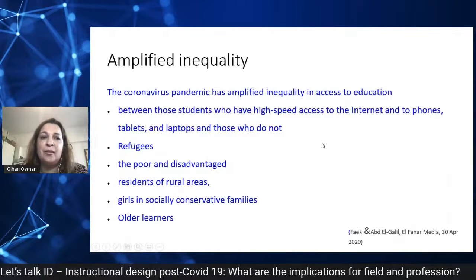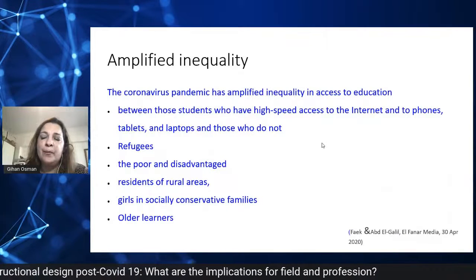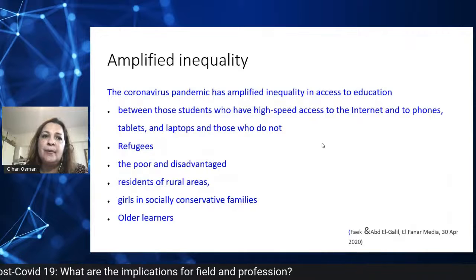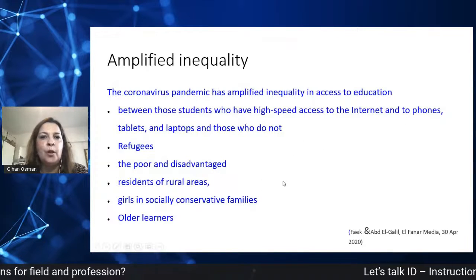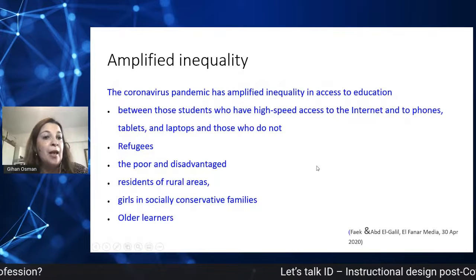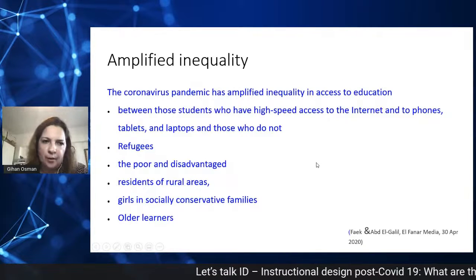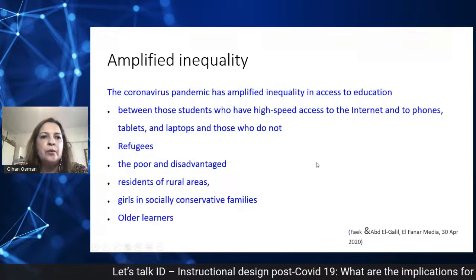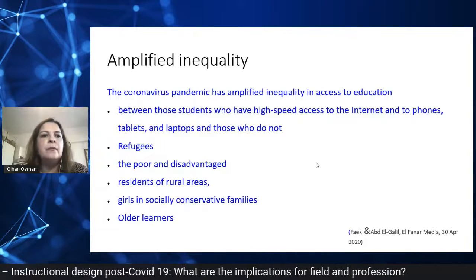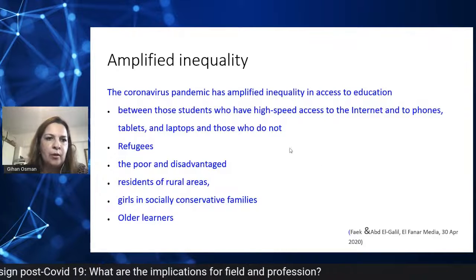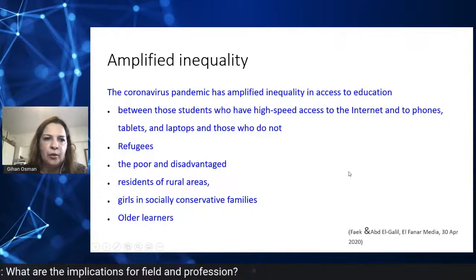The pandemic really amplified inequality, whether it's the Arab world or disadvantaged communities in the developed world or everywhere in the world. Actually, there were those who were disadvantaged by the pandemic. Of course, the most obvious one is access to technologies.